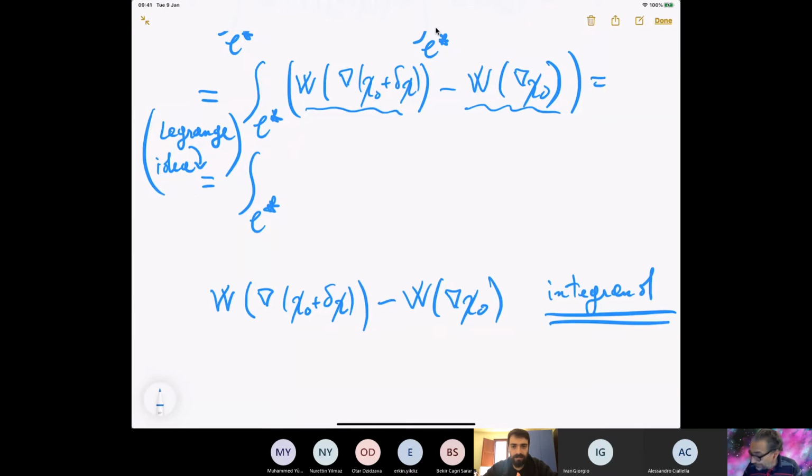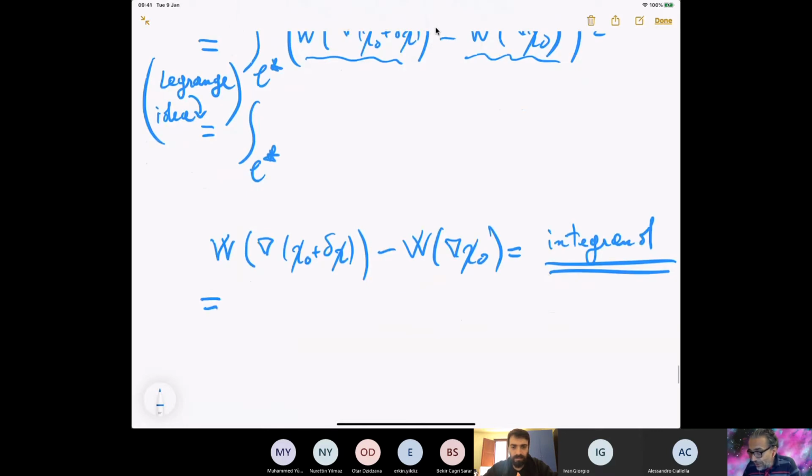So let us study for a while what is called the finite increment of the integrand.